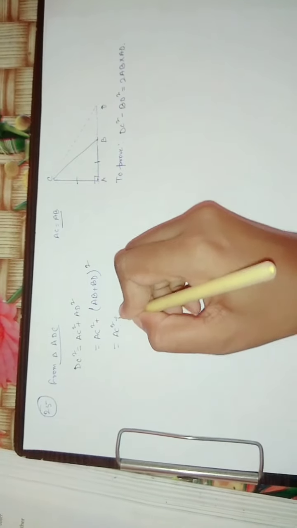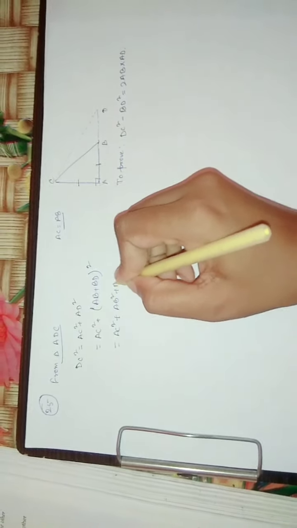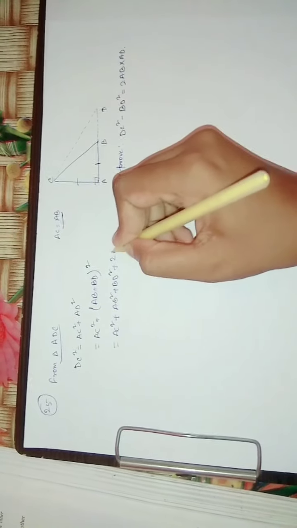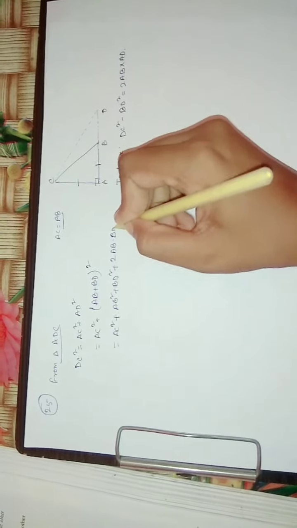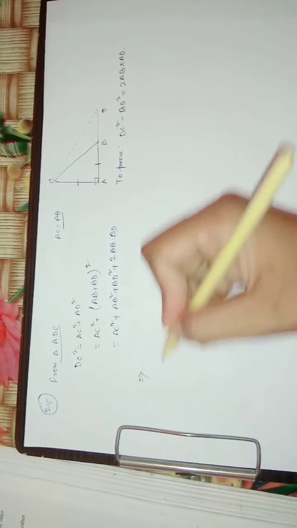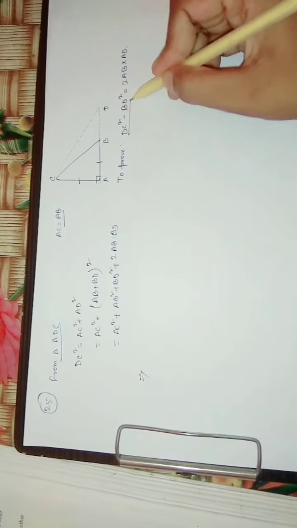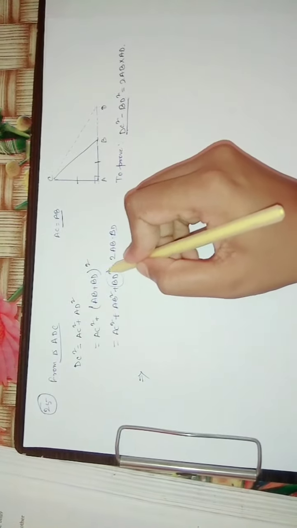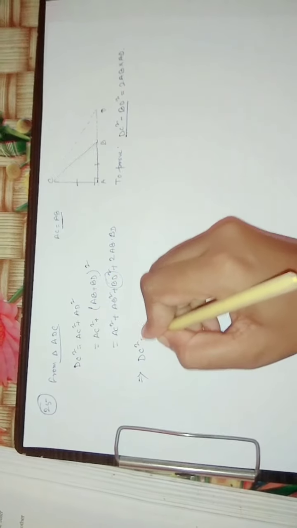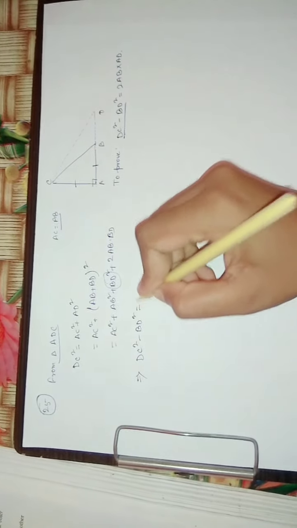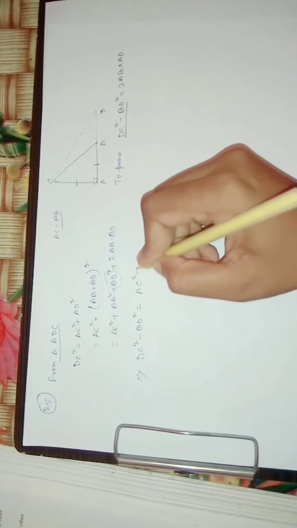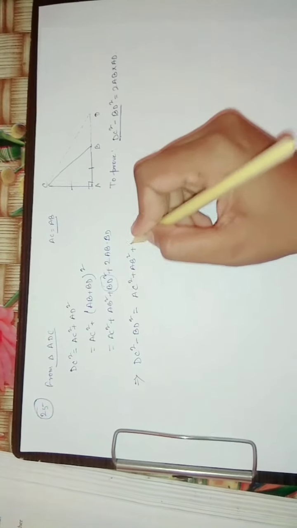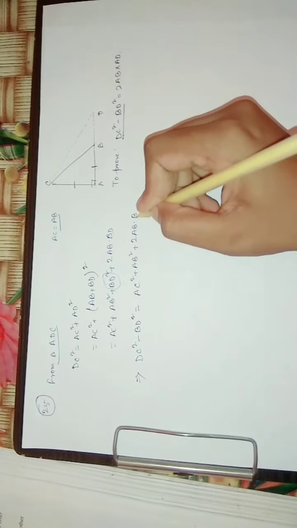Now AC square plus AB square plus BD square plus 2AB dot BD. Now look at this, DC square minus BD square. So we will take this to the left hand side. So you got AC square plus AB square plus 2AB dot BD.